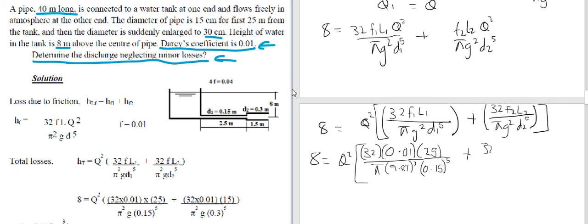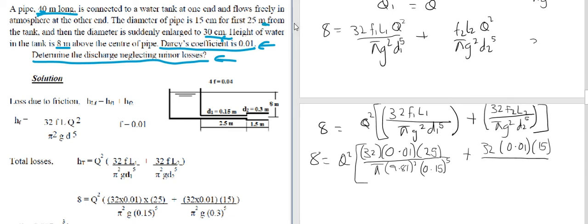Plus 32 into bracket 0.01 multiplied by the length of the second pipe, which is 15. How did we get 15? The total length is 40 and the length of the first pipe is 25.